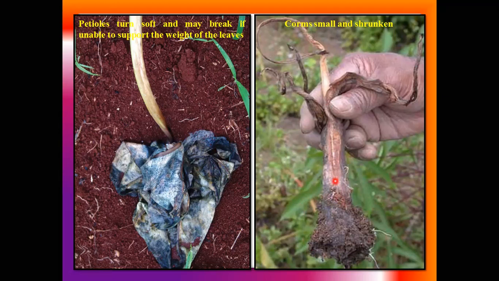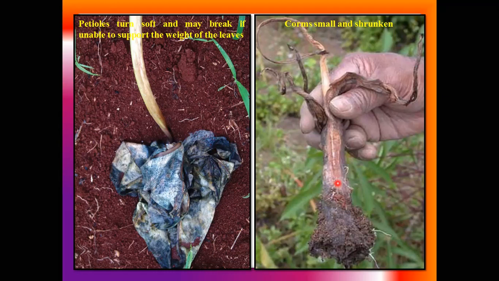Okay, so these are the symptoms seen on the leaf portion, petiole portion, inflorescence portion, and corm portion of the Colocasia. This fungus infects and develops symptoms on the aerial plant parts of Colocasia as well as the corm portions.